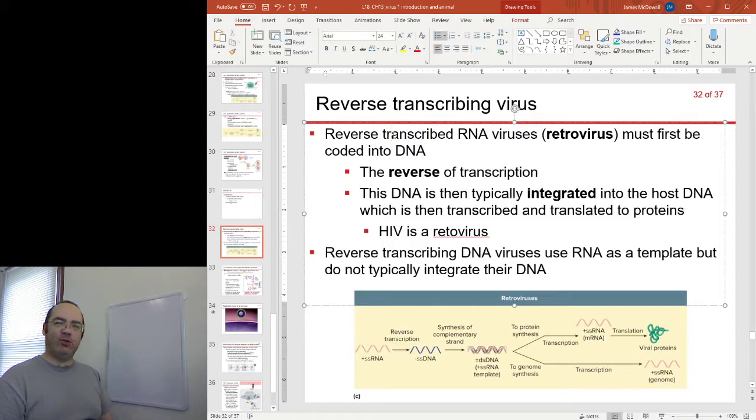The kinds of viruses we're going to look at are also known as retroviruses. They have RNA packaged in their capsids, and then they go through a process that is the opposite of transcription, the reverse of transcription, which is why they're called reverse transcribing RNA viruses.